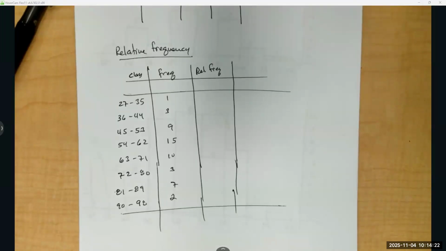Okay, we have the frequency. That's perfectly fine and dandy. But it really tells us nothing about how it relates to everything else.